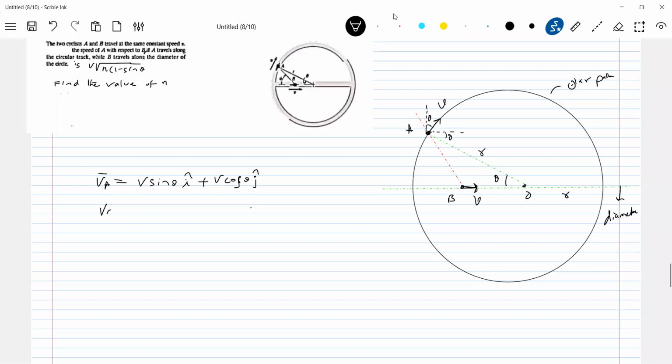Velocity of B equals V i cap. So VAB vector is being asked. So this is equal to (V sin theta minus V) i cap plus V cos theta j cap. Take V outside, so this will be V (sin theta minus 1).